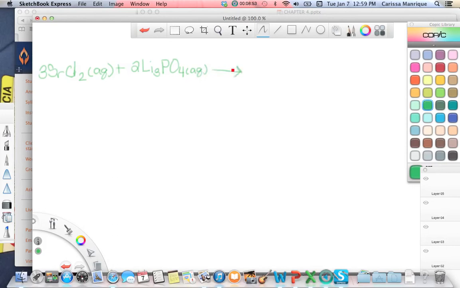And this will react together to form strontium phosphate, Sr3(PO4)2. That's a solid, so that one will not break up.